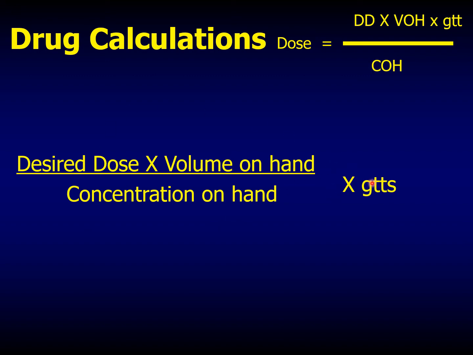Then we multiply that by a 60 drop set. Always in these cases, we're using a 60 drop set. Always, always, always. So we multiply 1 by 60, and that happens to be 60 drops a minute or 1 drop a second. And when you're using an infusion pump, that also works out to 60 mils an hour, which makes sense if you think about it.